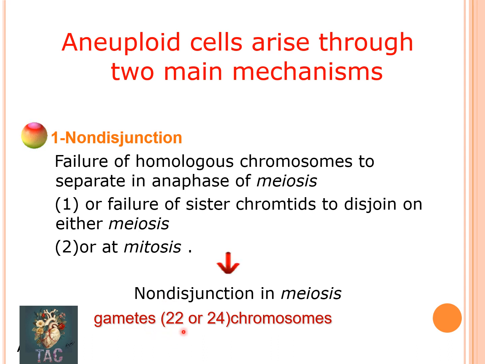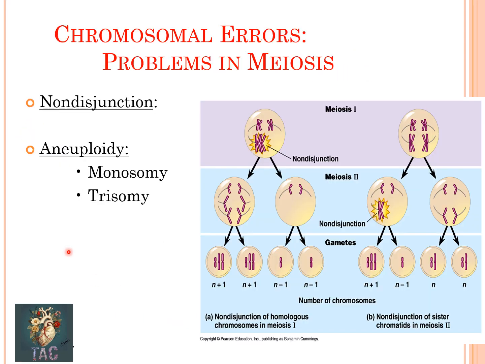If it is fertilized, it will lead to monosomy, and the other gamete will have 24 chromosomes. If it fertilizes a normal gamete, it will lead to trisomy. So non-disjunction in meiosis leads to aneuploidy, either monosomy or trisomy.